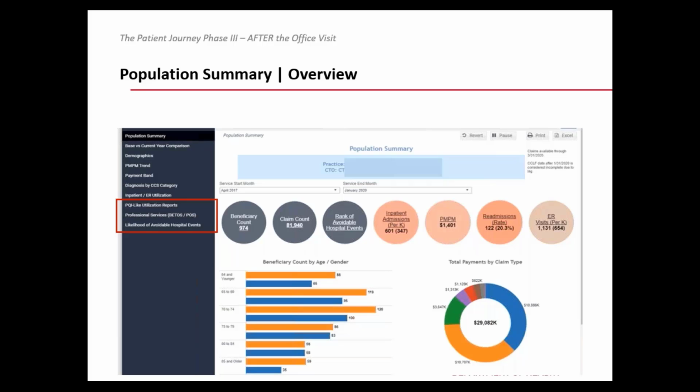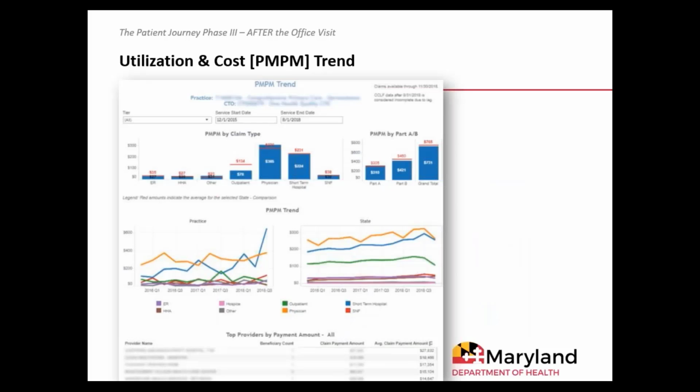You can review a number of things all at one time: the inpatient admissions for your practice, the per member per month costs, readmission rates, and things like that. Also, you can see the trend, how you compare with other practices in the state, and how you trend over time.